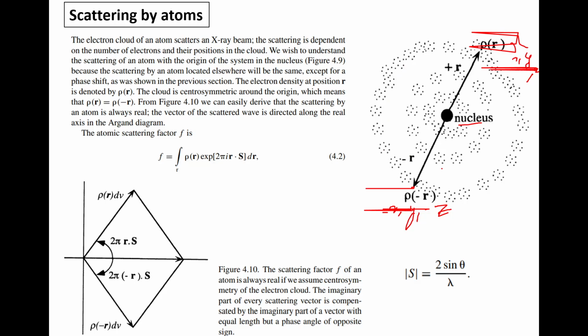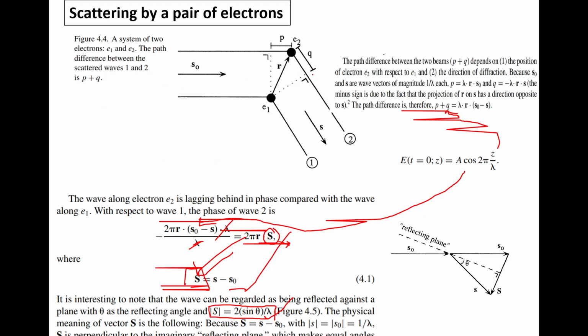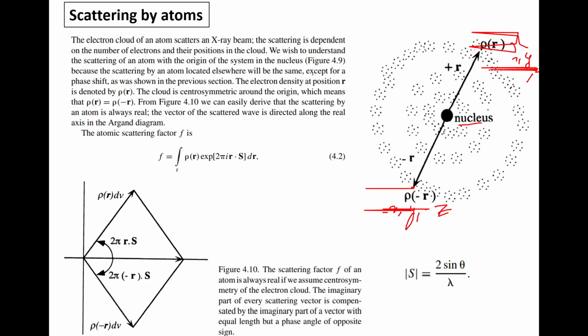Now you have the electronic scattering, and the term related to this electronic scattering is 2 pi i r dot s, right? If you solve it, you will get the relation of the phase. This gives you the information about the phase, because r dot s will be r s cos theta. So any angle appearing there is actually the phase.